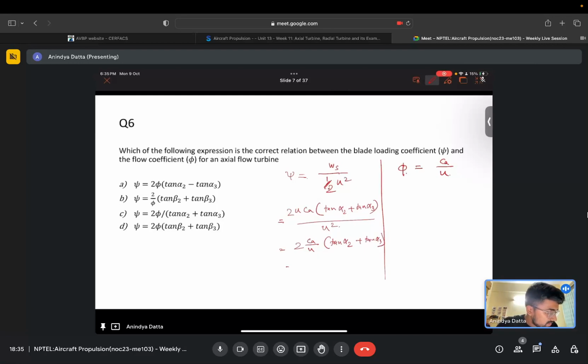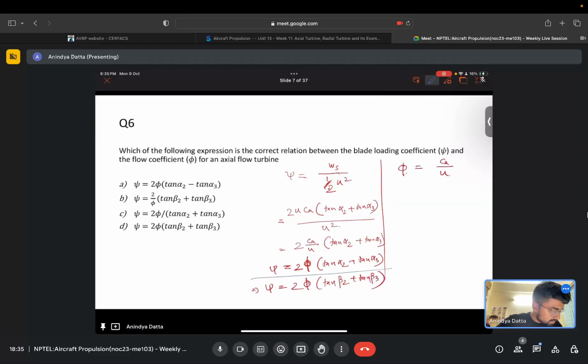And Ca by u is our flow coefficient phi, so xi is equal to 2 phi (tan alpha 2 plus tan alpha 3). This is one relation, and again we can use that tan alpha 2 plus tan alpha 3 is equal to tan beta 2 plus tan beta 3. So we can also write xi is equal to 2 phi (tan beta 2 plus tan beta 3). These are the two expressions we have.